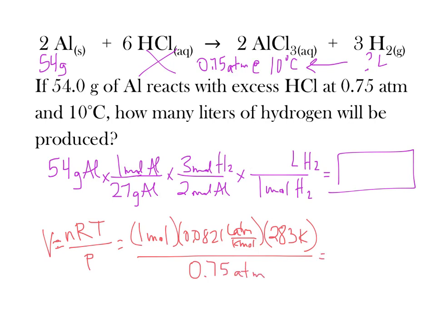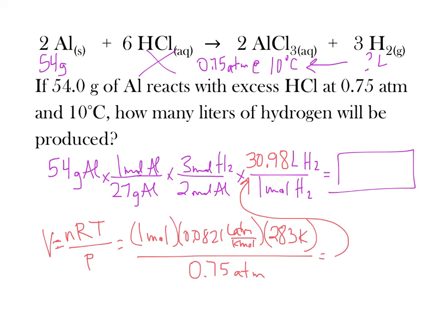Now when I get this answer, I'm not actually going to write it down here. I'm going to write it down up there, because that will be the volume of 1 mole of any gas at 10 degrees and 0.75 atm. And it turns out that that 1 mole has a volume of 30.98 liters. So I'm going to use 30.98 instead of 22.4.